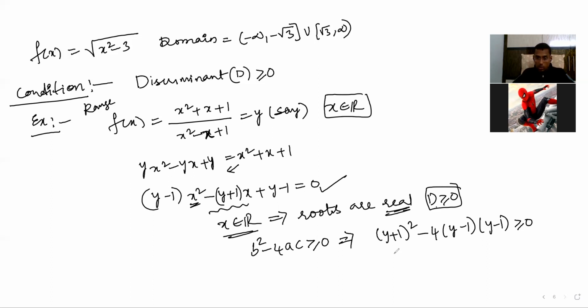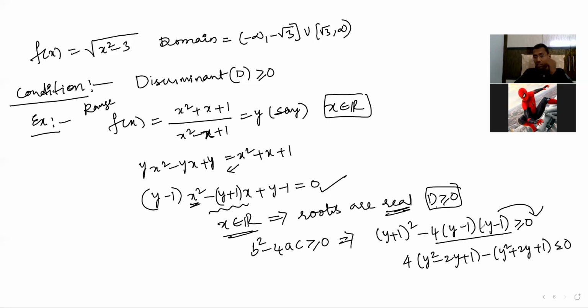So now what you get here? y plus 1 whole square. So this is going to be 4 times y minus 1 whole square, y square minus 2y plus 1. If I take that side, minus this, y square plus 2y plus 1. This is less than or equal to 0, because we brought both to this side.